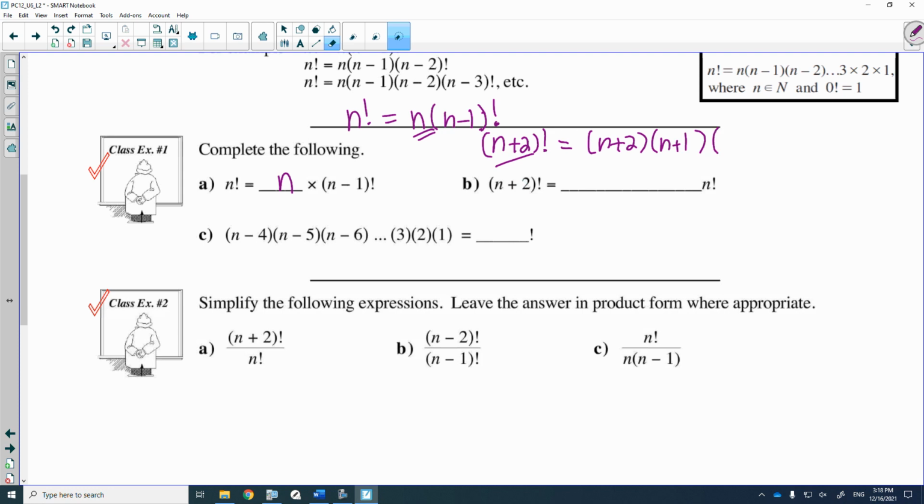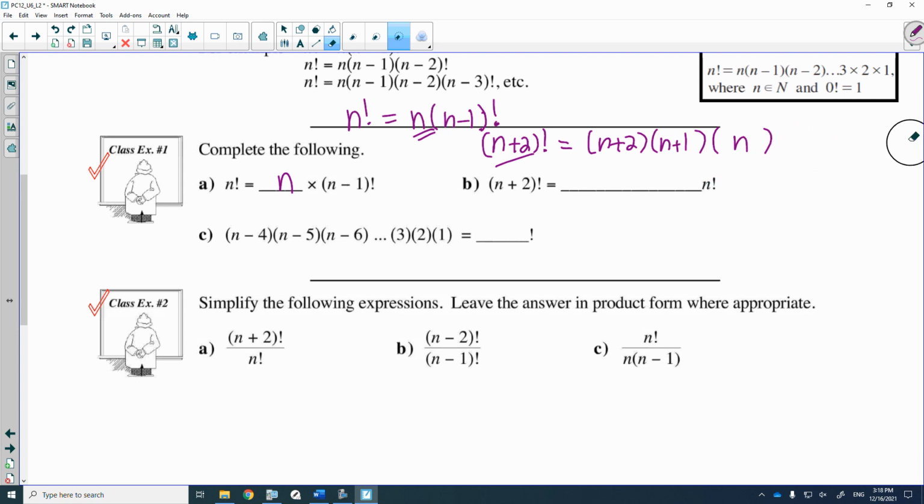And then next, it would be minus another number, which would just give me n. And then next, n minus 1, and then n minus 2. Wherever you stop, you've got to put that factorial sign. So if I look, n plus 2, they want to stop at the n. They want you to put the factorial sign right here.